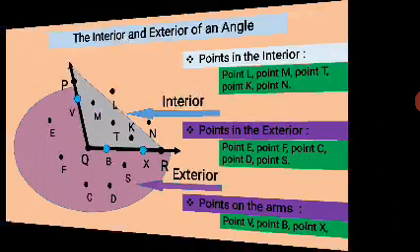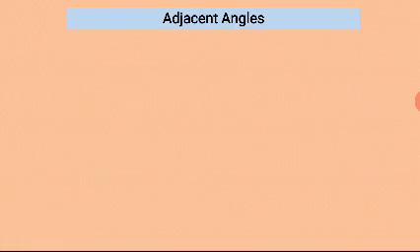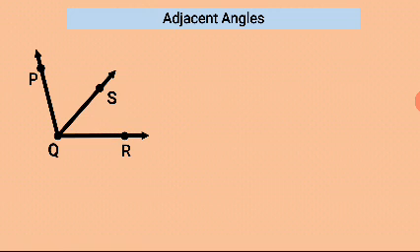Now we see examples of adjacent angles. In this figure, first, angle PQR is the main angle. We draw QS as a common arm. Ray QS is drawn in the interior of angle PQR.